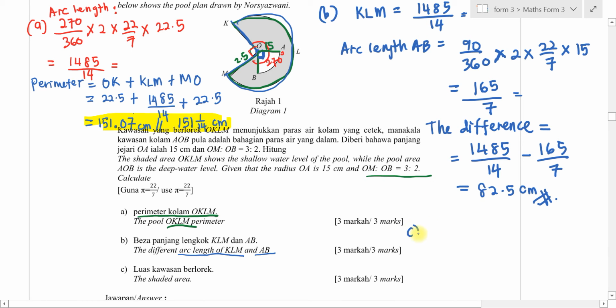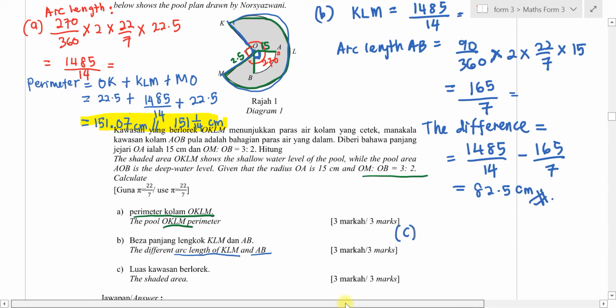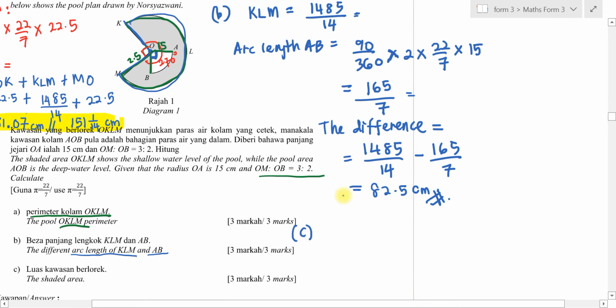And final question, shaded area. Shaded area means you take the whole sector minus the small sector inside. Okay, so the whole sector is actually 270 degree. Just now we calculate 270 degree over 360 multiply pi multiply radius, which is 22.5.